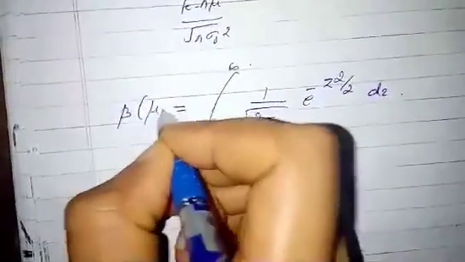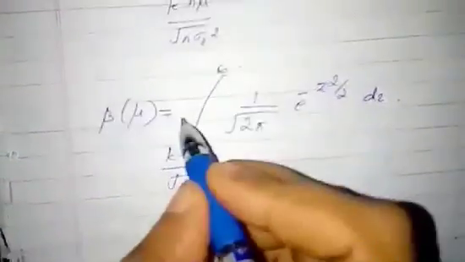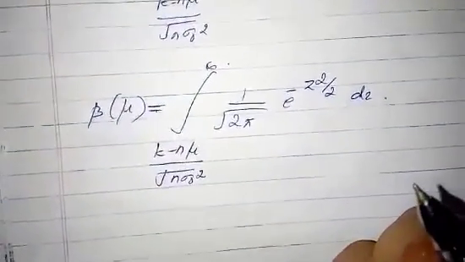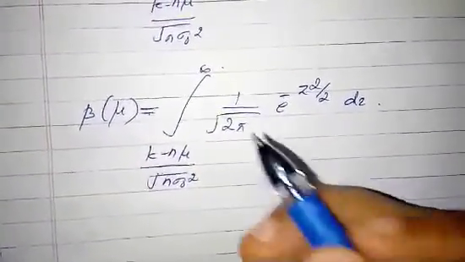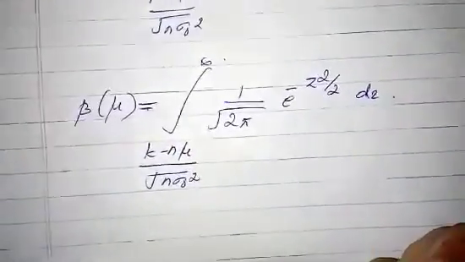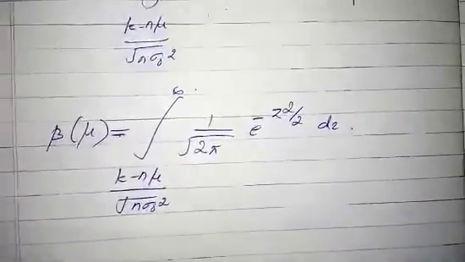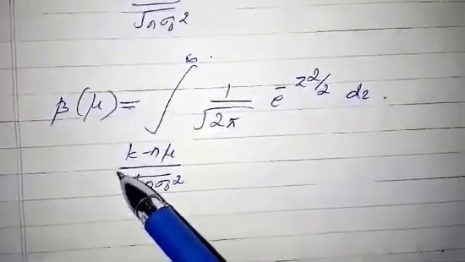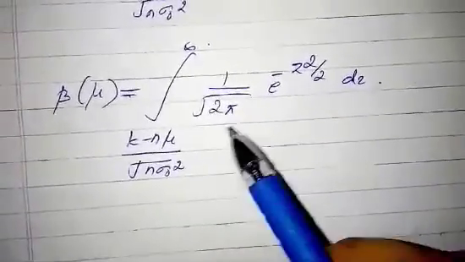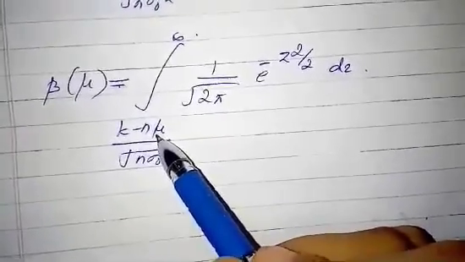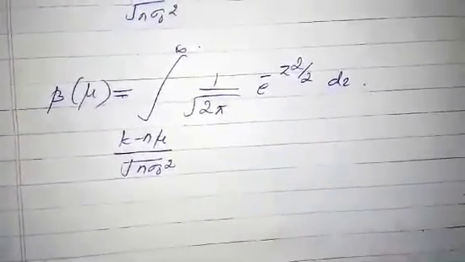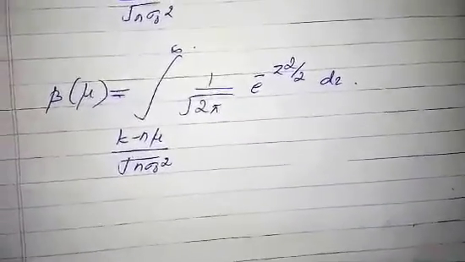So this is beta of mu. We have to find out whether beta of mu is an increasing or decreasing function. For that we have to find beta dash of mu. Here the limits depend on the parameter, but f of z does not depend on the parameter, so we can use the Leibniz rule.